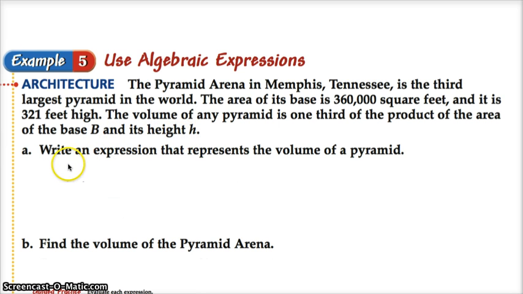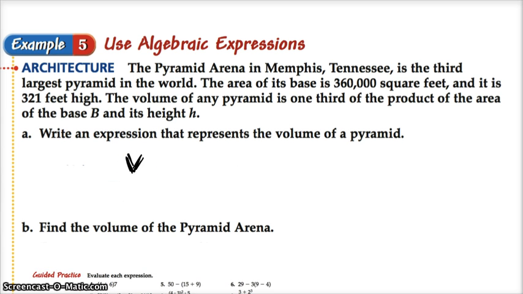The first thing we're asked to do is to write an expression that represents the volume of the pyramid. So I'm going to use the letter V for volume. And keep in mind that the volume of any pyramid, as it says here, is 1/3 of something, the product of the area of the base and the height. So this volume is equal to 1/3 times something, and that something is a product.